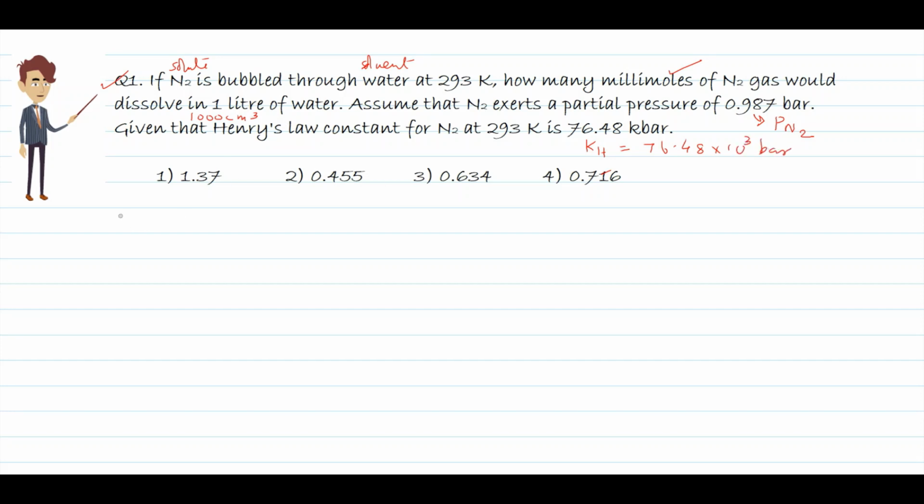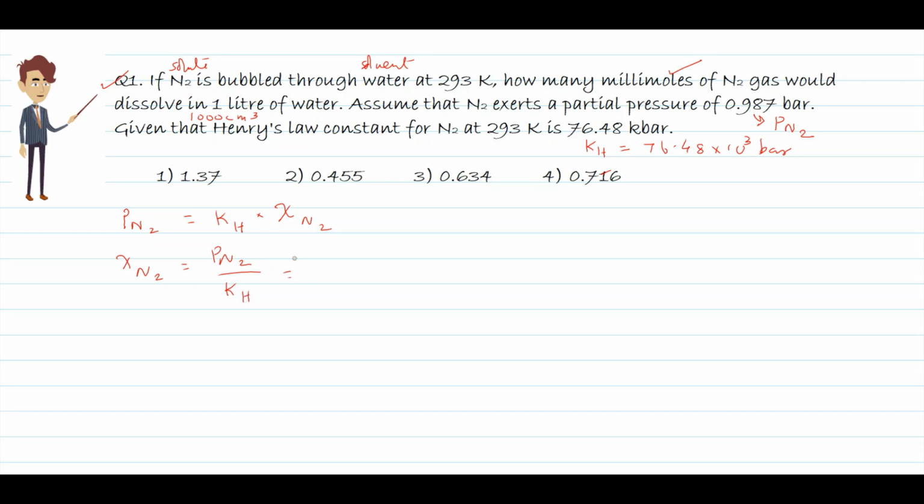For answering this question we use Henry's law equation. Partial pressure of nitrogen is equal to Henry's law constant kH into mole fraction of nitrogen gas. First, you can find out the mole fraction of nitrogen. Chi nitrogen is equal to partial pressure of nitrogen divided by Henry's law constant.